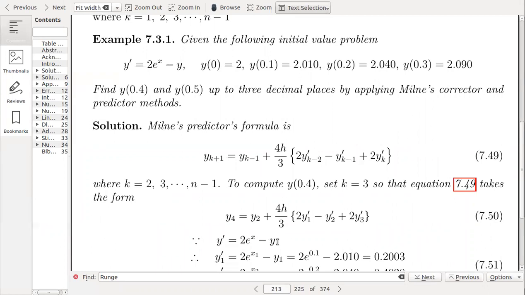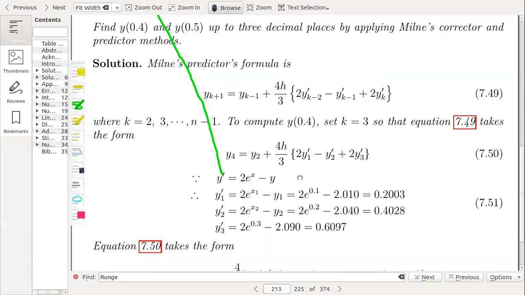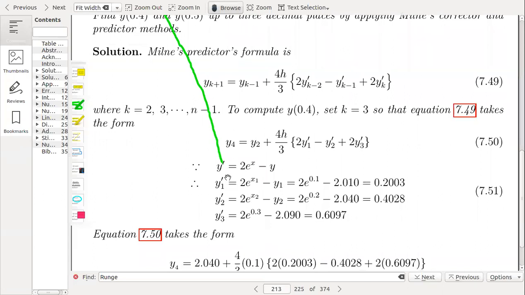The initial value problem here is y prime equal to 2 e power x minus y. Substituting the values, we get 2 e power 0.1 minus 2.010, which is equal to 0.2003.